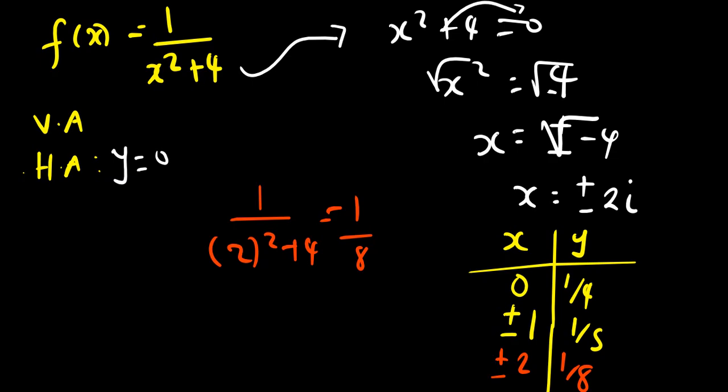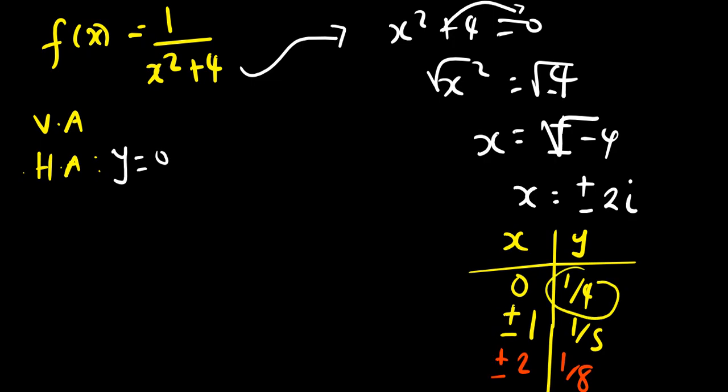Now you're able to see the behavior of this function: the function is reducing. 1 over 4 is greater than 1 over 5, which is also greater than 1 over 8. Let's try to put this into context.